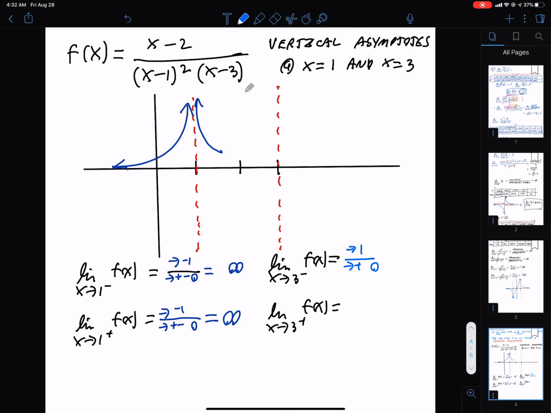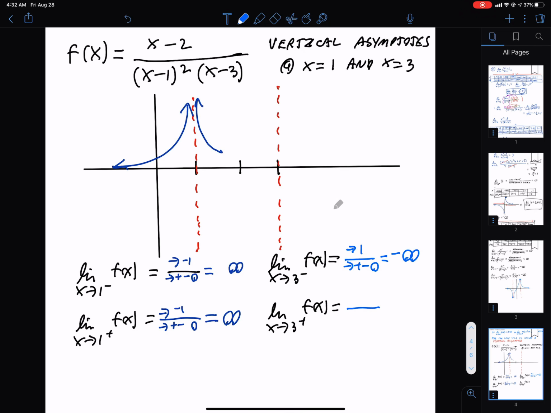But we're approaching from the left. To the left of 3, it'd be like 2.9. What's 2.9 minus 3? That's negative. So on top is positive. A positive and a negative make a negative. So a constant divided by 0 is infinity, but the bottom's negative, so it's negative infinity.